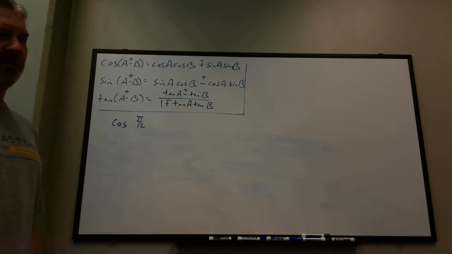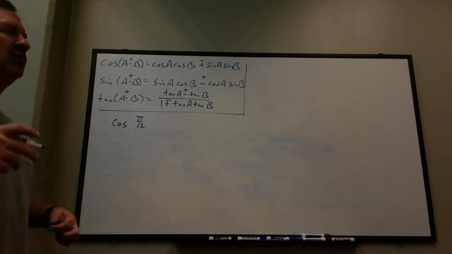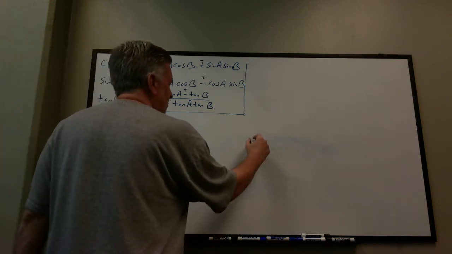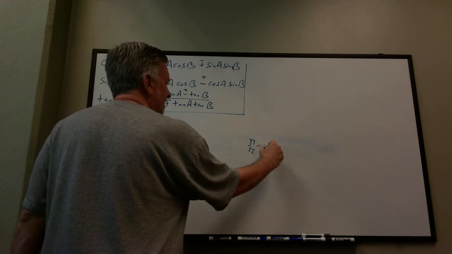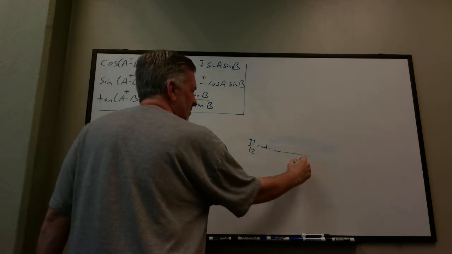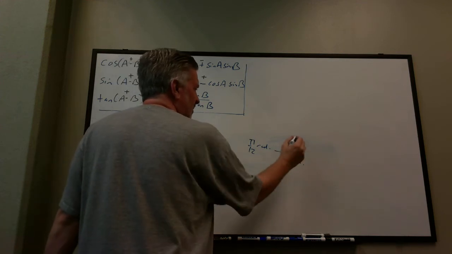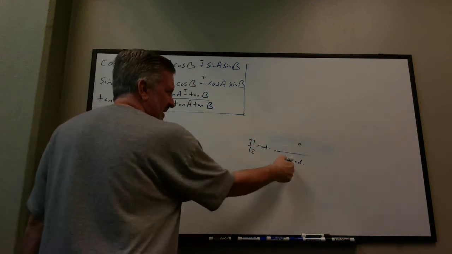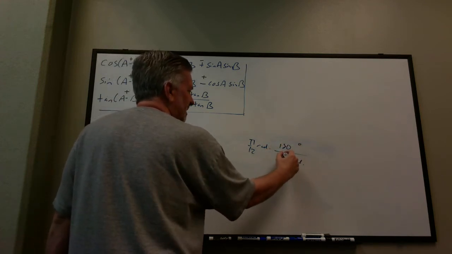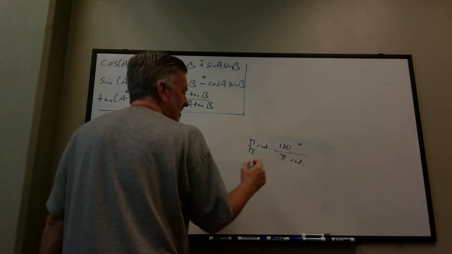But here's an example where it makes it easier if you do actually convert to degrees. So I'm just going to do this as scratch work. So pi over 12 radians times, right? I want to get rid of the radian units, so those go in the denominator and degrees go on top. I want the radian units to cancel. And now how many degrees is how many radians? 180 degrees is pi radians.